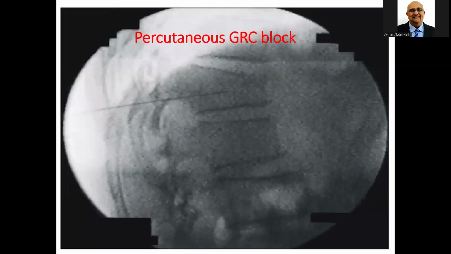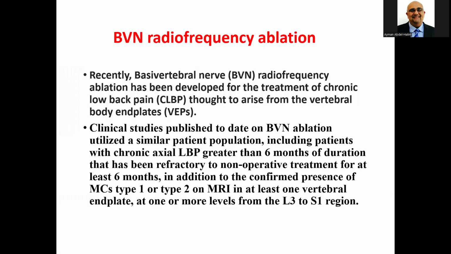Now, if you fail everything, you can try for vertebrogenic pain. You can try the percutaneous gray ramus communicans block, which is located here, next to the vertebral body. This is an old procedure that we're not doing that frequently because we have better procedures now, like vertebroplasty or kyphoplasty.